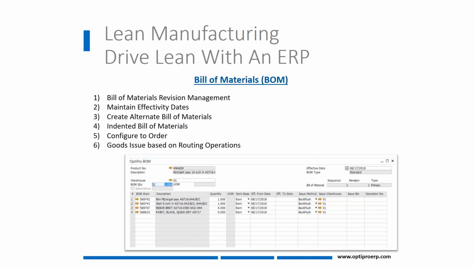So configure to order becomes a new way of thinking, right? I will take my sales order and I will configure what it is that the client wants, and I will make that as fast as I can. So configuration, configure to order, flexibility, terms to understand, certainly things that we take care of within OptiPro.